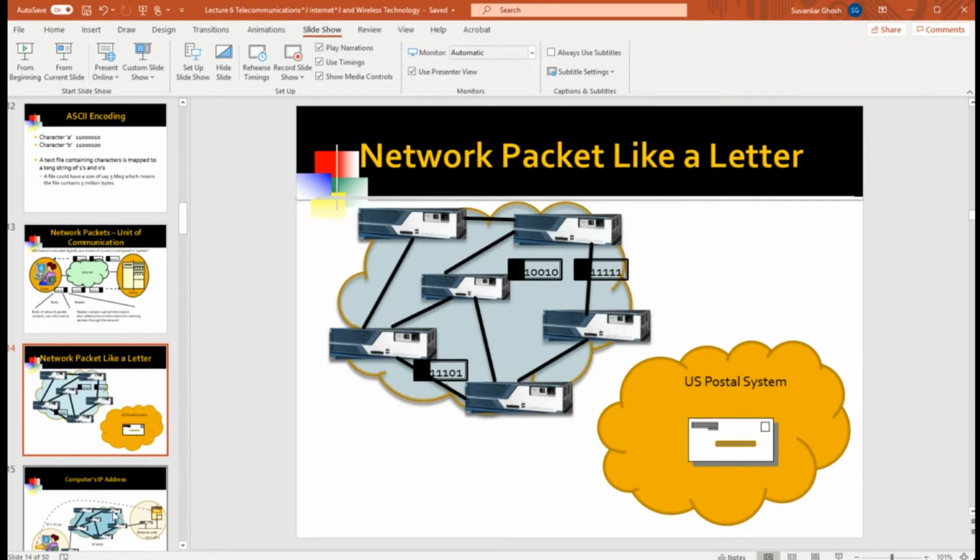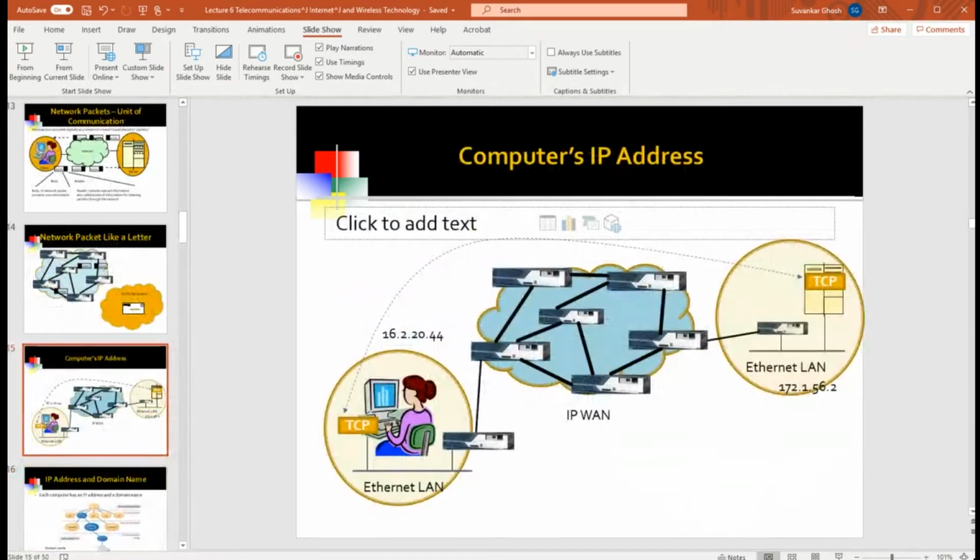A very similar thing happens in the computer network. Every computer has an address, just like residential addresses of people. Computers have addresses too, and these are referred to as IP addresses. The structure of an IP address is quite simple. It's 4 integers separated by dots.